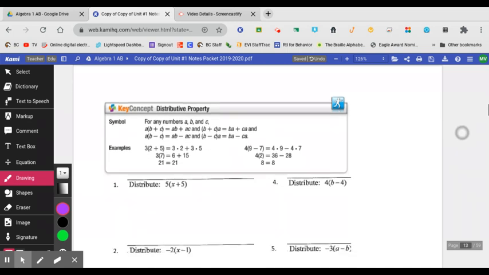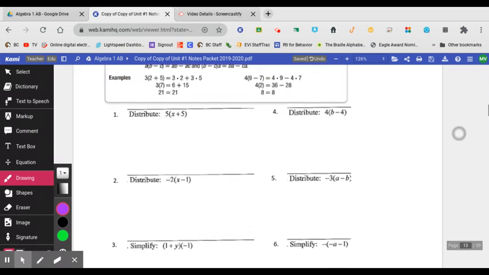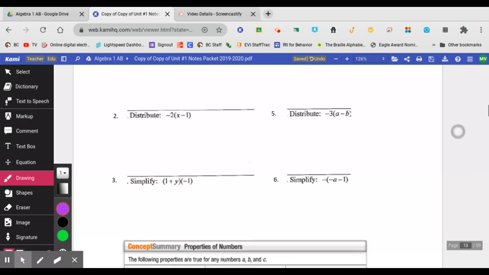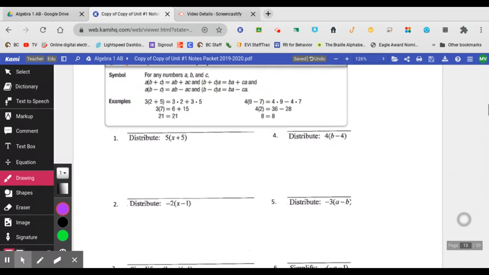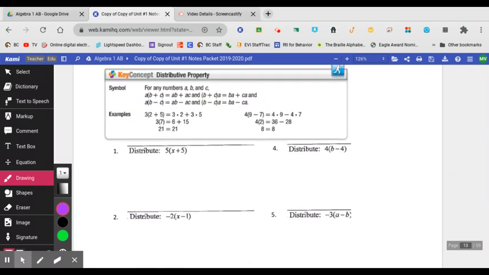Now, a review of the distributive property, which we went over yesterday, is where you take anything that's on the outside and you multiply it by everything on the inside. So go ahead and pause and give these examples a try, and then we'll come back. All right, so here we multiply by 5 and we get 5x plus 25.